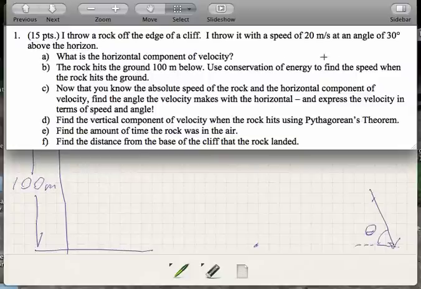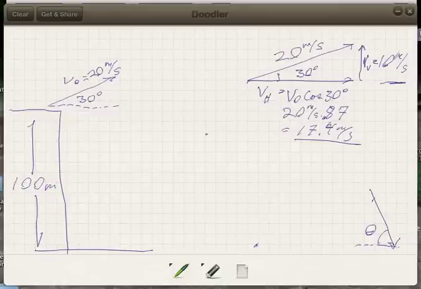Use conservation of energy to find the speed when the rock hits the ground. Okay, so what does that mean? Well, what I know is that E0 must equal E final. Right, and so the energy I start with is potential energy from gravity, must wind up being that final kinetic energy.